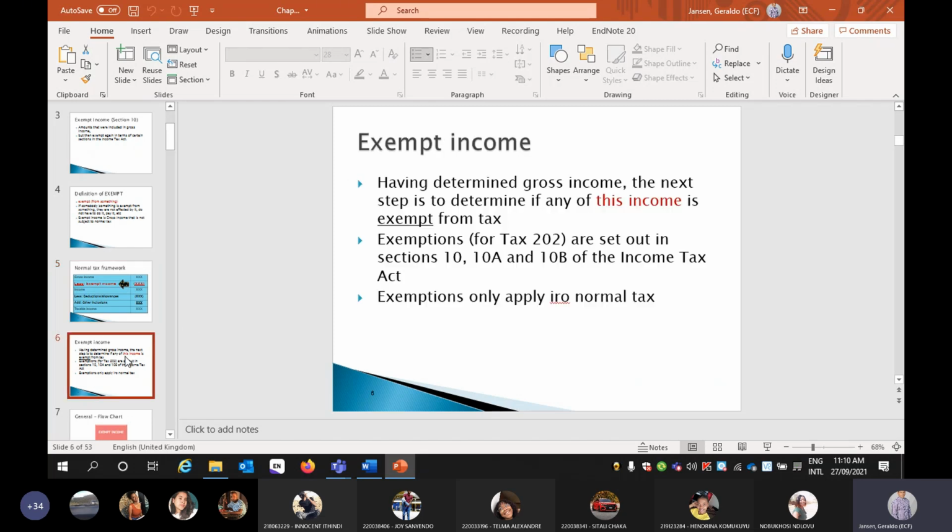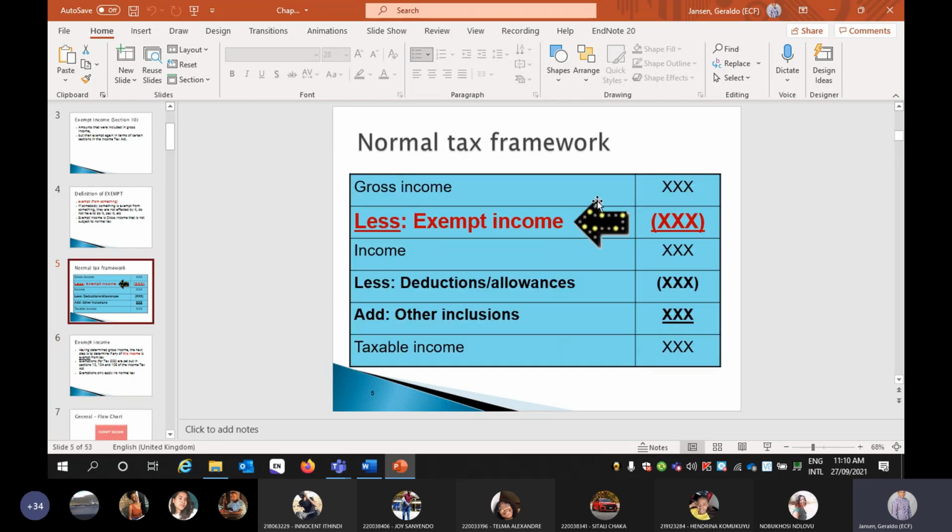And guys, exemptions, in plain, simple English, is relief that the government gives taxpayers. Remember when we dealt with the principles, we spoke about paying as little as possible. This is the government's way to say that I actually want you to only pay me a little bit of tax, because exemptions will make your taxable income less, which means you will pay less tax at the end of the day.